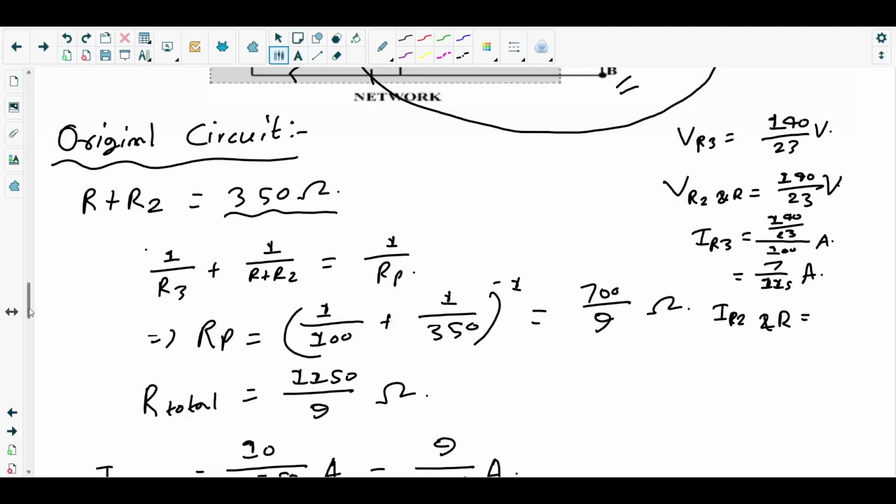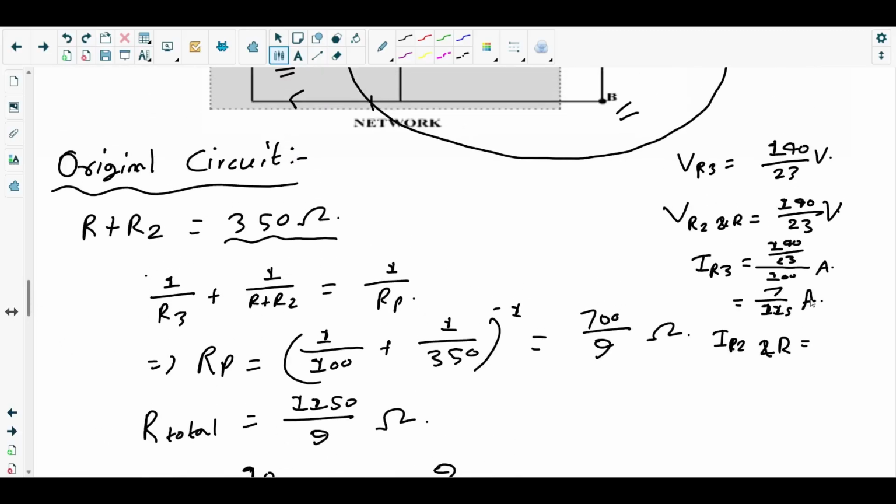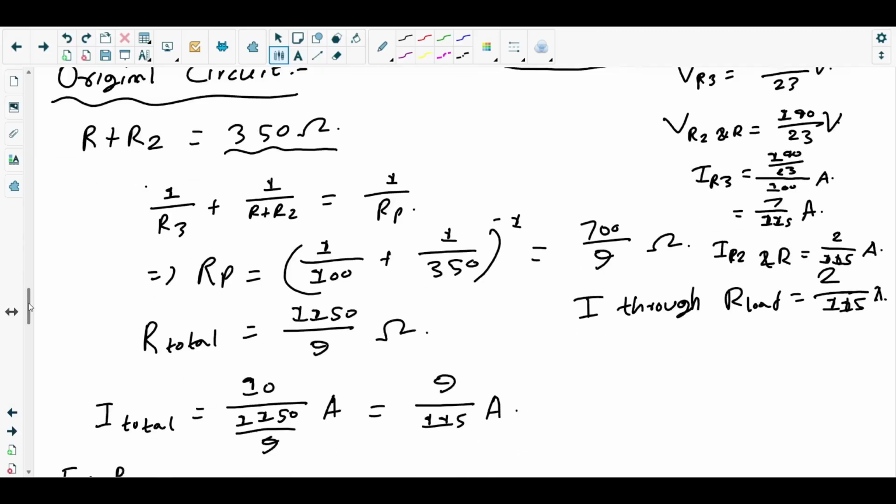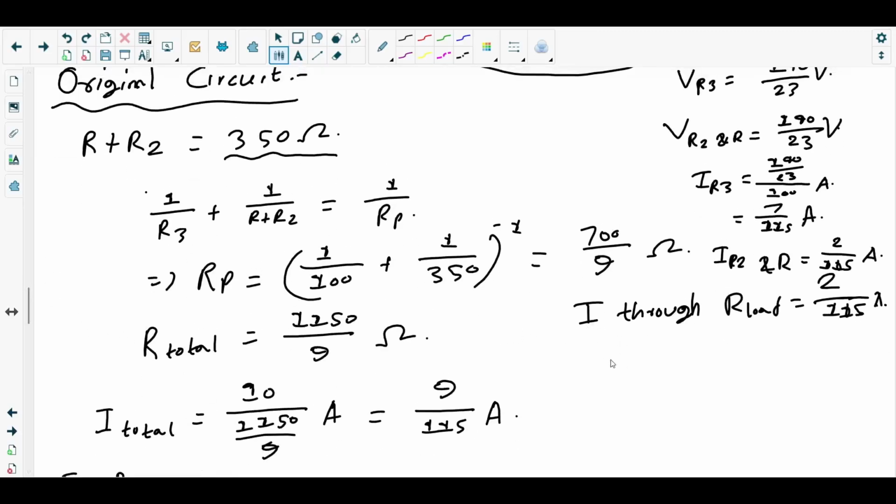So 9 over 115 minus 7 over 115 means 2 over 115 amps. So we got the current flowing through the load resistor. I am writing it specifically: R load, the load resistor, it is 2 over 115. I'll show you it's the exact current that will flow through the load resistor in the Norton's equivalent circuit.